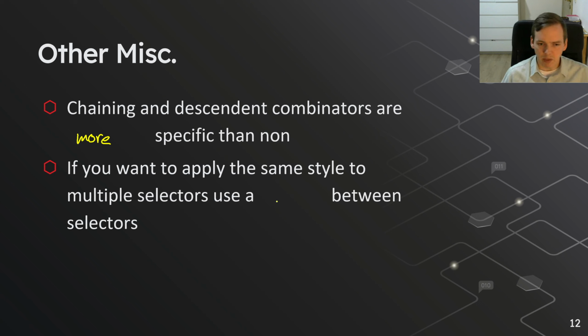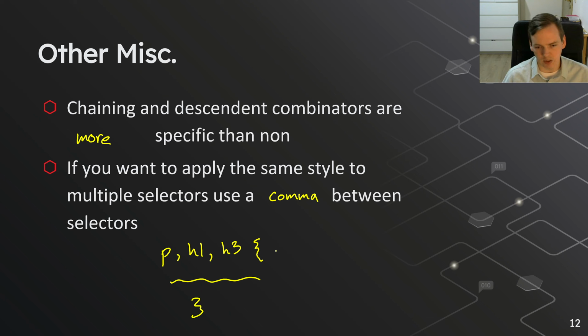If you want to apply the same style to multiple selectors, use a comma between selectors. So for example, if I want paragraph, H1, and H3 to all have the same CSS style, I can do P, comma, H1, comma, H3.